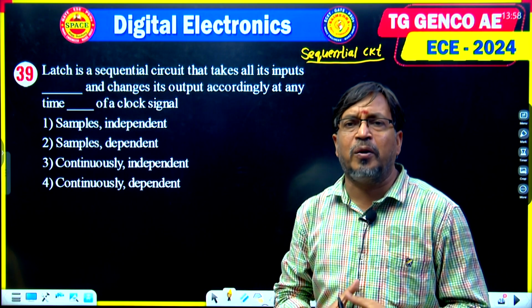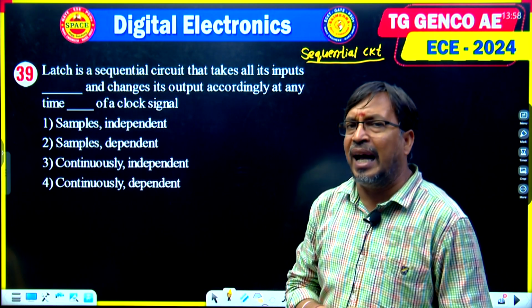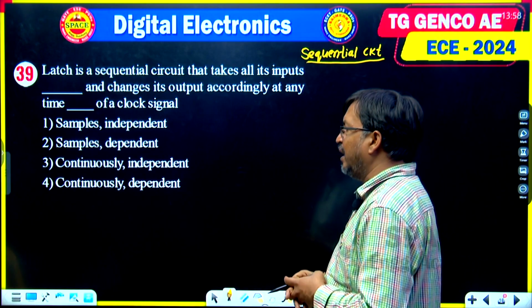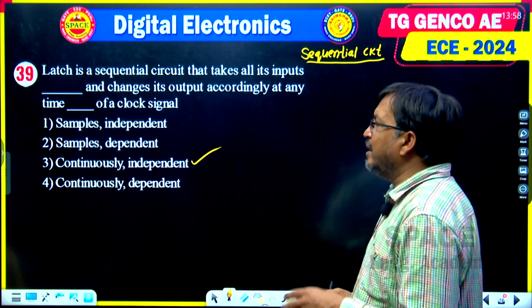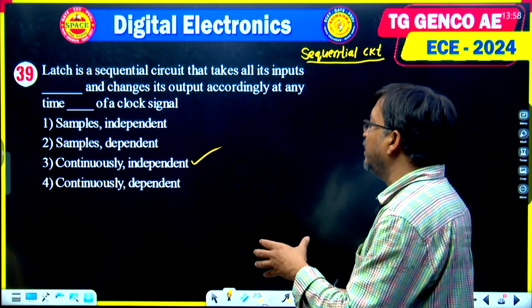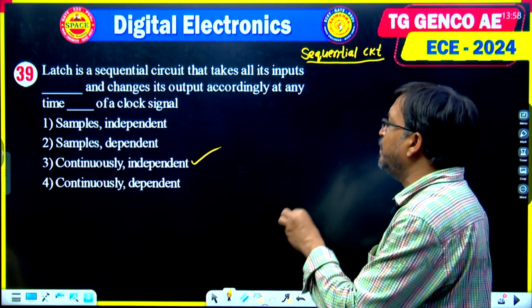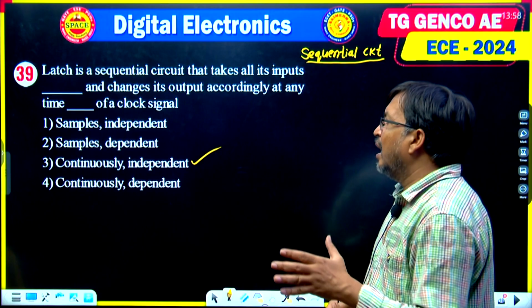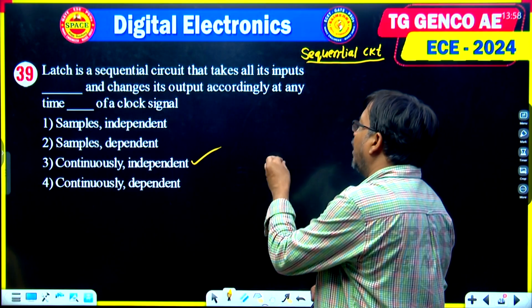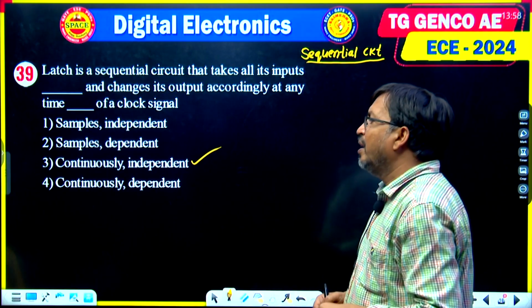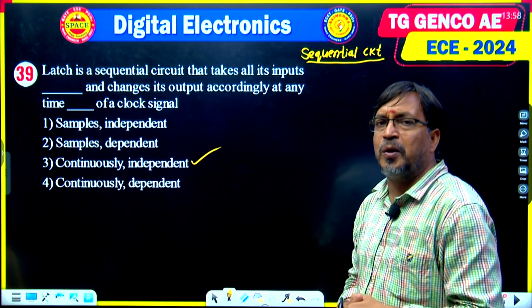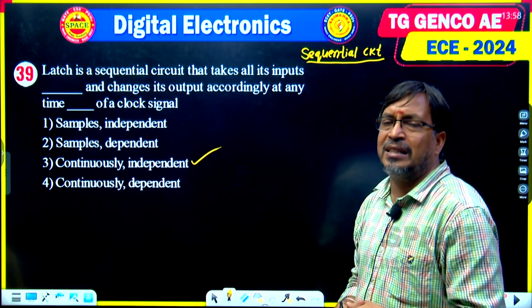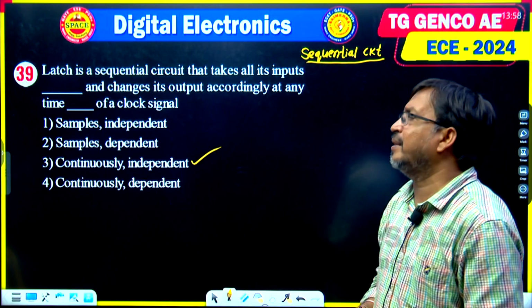A flip-flop is controlled by the clock signal, but a latch is independent of the clock signal. Hence, option 3 is the correct answer. Latch is a sequential circuit that takes all its inputs continuously and changes its output accordingly at any time, independent of the clock signal. Remember, a flip-flop is controlled by the clock signal, but a latch is independent of it.